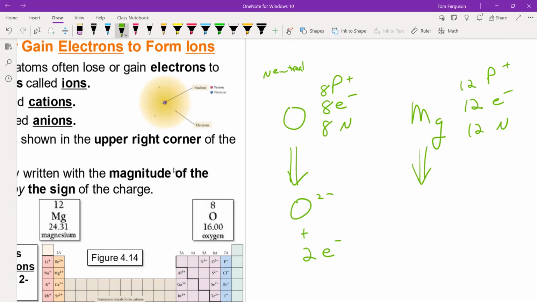So magnesium is in the second group over, the alkali earth metals. Remember those form a +2 charge? Let's put the 2 electrons up here instead.